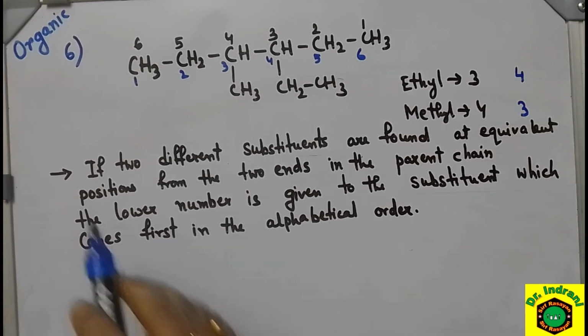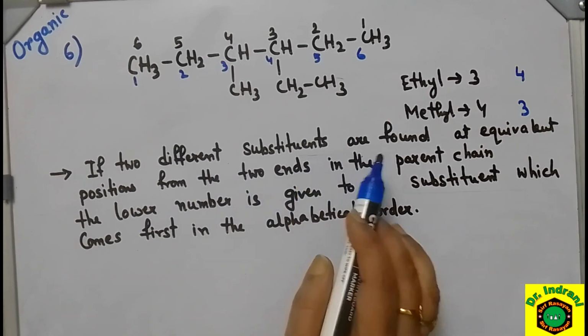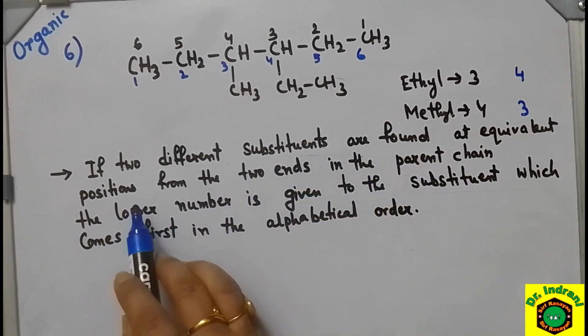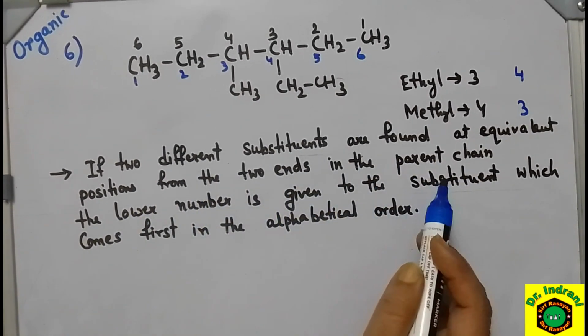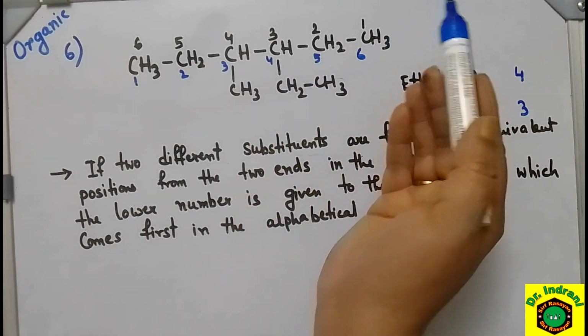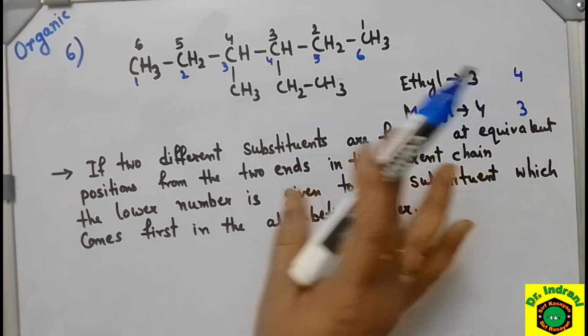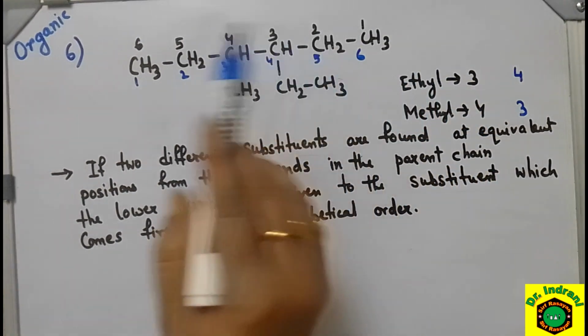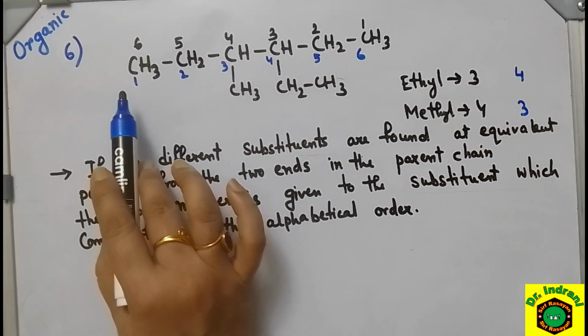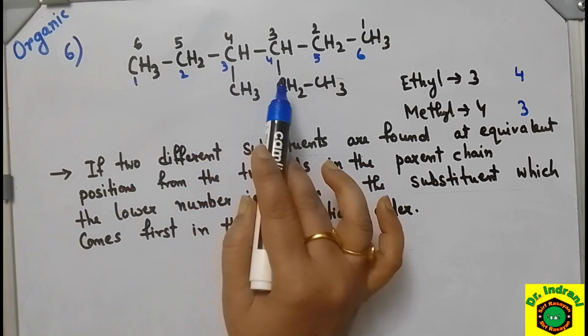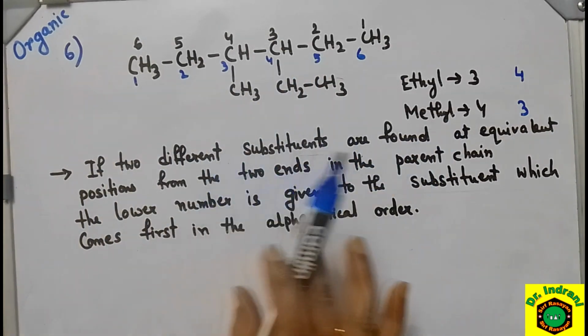Now mind it, if two different substituents are found at equivalent positions from the two ends in the parent chain, as we have seen, if we are doing numbering from right to left, at 3 and 4 position two different substituents are there. If we are doing numbering from left to right, at 3 and 4 position two different substituents are there.